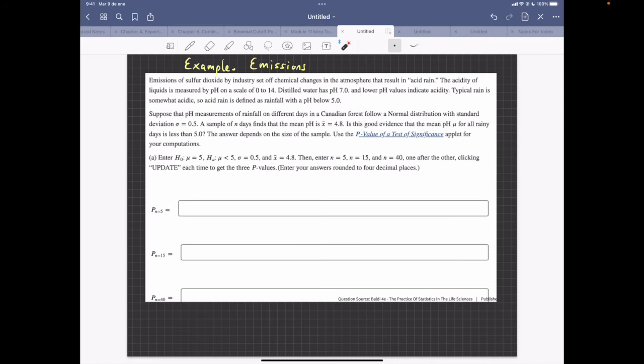All right, for this one, we have to use an applet that is given here. It says emissions of sulfur dioxide by industries set off chemical changes in the atmosphere that result in acid rain. The acidity of liquids is measured by pH on a scale of 0 to 14.